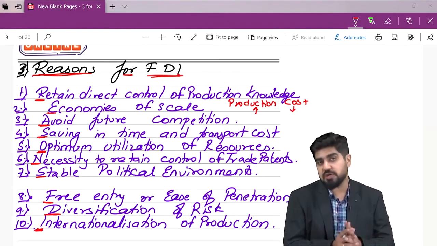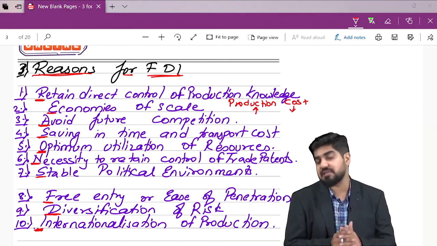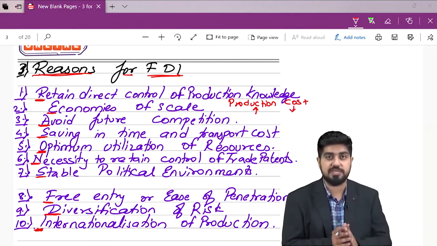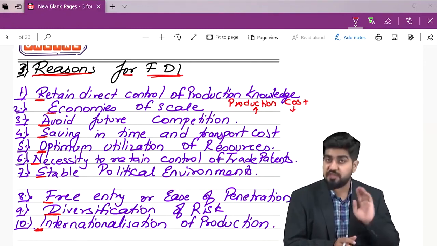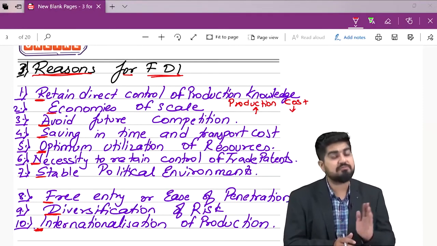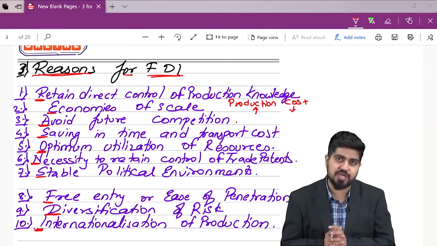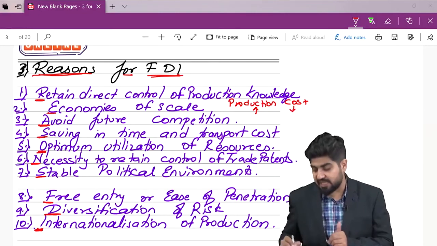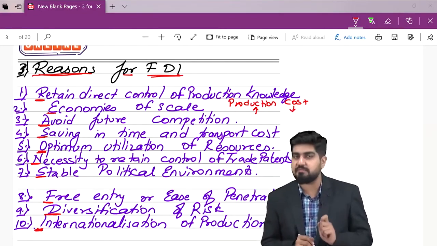But due to the high population in our country, and the same situation in China, and the land availability in our country, it makes us favorable for international players to come and start their production here. If they find cheaper labor and a cheaper place to produce goods and services, they will be more than excited to come to our country, invest and start production, which we call internationalization of production. So friends, these are the 10 points that you need to remember very nicely.